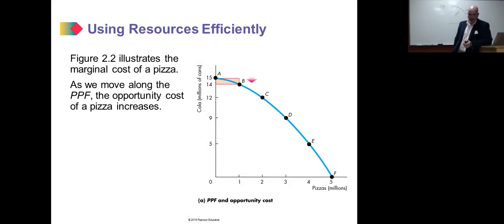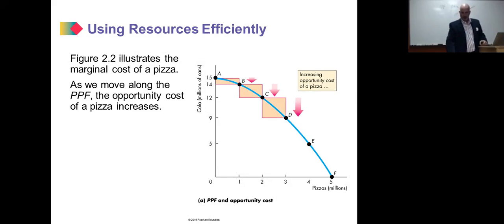Well, again, as we move from point A to B, as we move from B to C, so this slide is going to illustrate what we refer to as increasing marginal cost. As I move through each additional incremental value, what is the amount that I'm giving up?